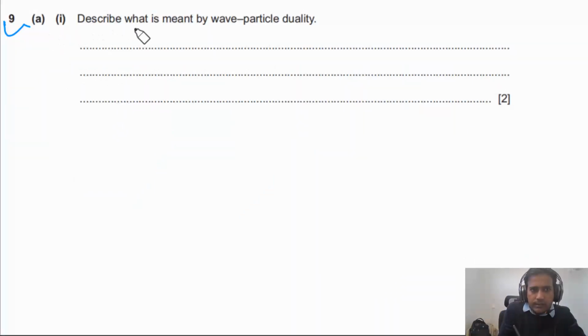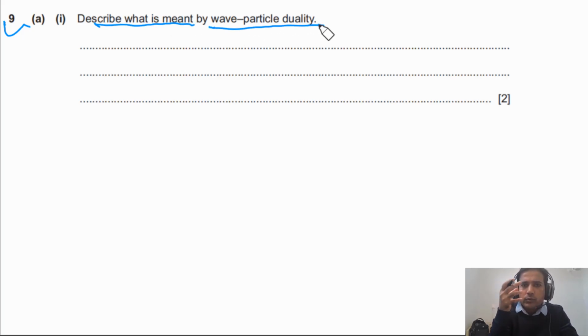Question 9 part A says, describe what is meant by wave particle duality. Wave particle duality means that waves can behave like particles. They can exhibit particle-like behavior, and particles like moving electrons can exhibit wave-like behavior. So this is wave particle duality.